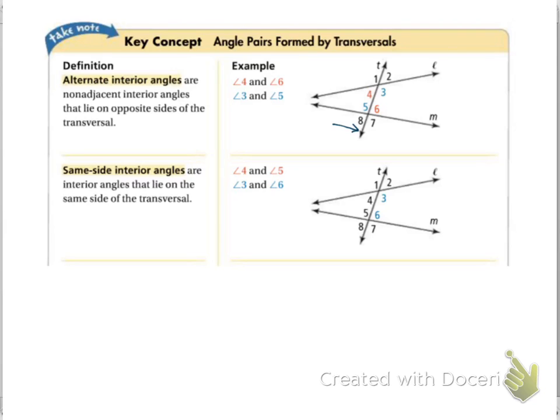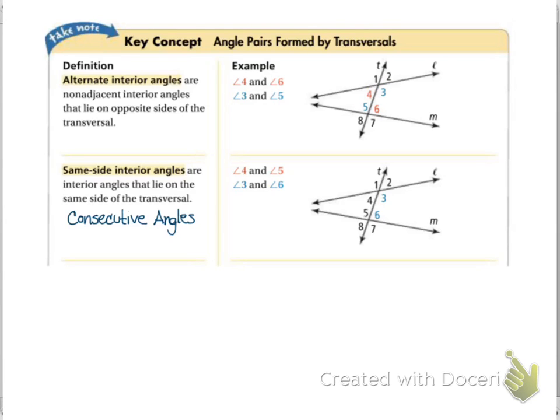Alternate interior angles are 4 and 6. Those are alternate interior angles. Another example of alternate interior angles is 5 and 3.